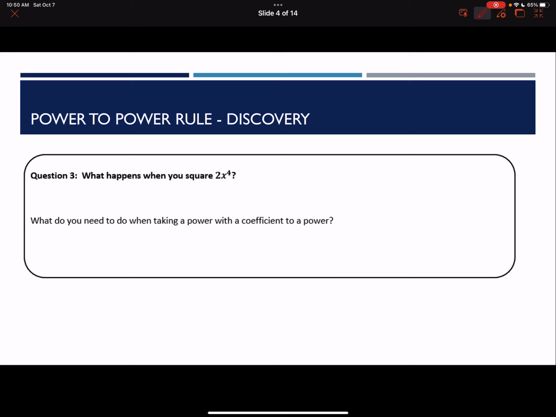All right, now let's look. What happens when I square 2x to the 4th? So 2x to the 4th squared. Well, that's 2x to the 4th times 2x to the 4th, right? And then let me expand all this stuff out.